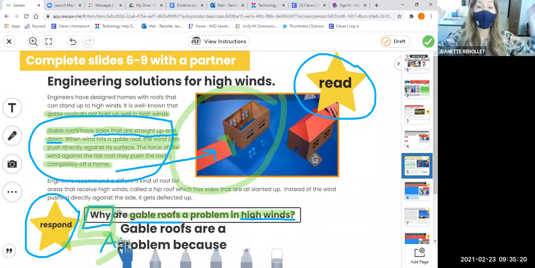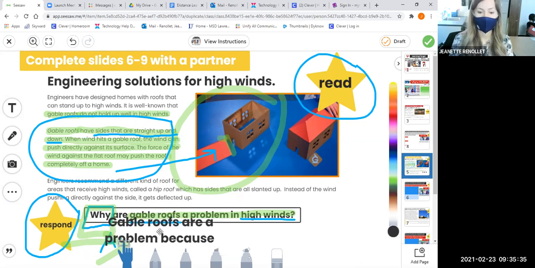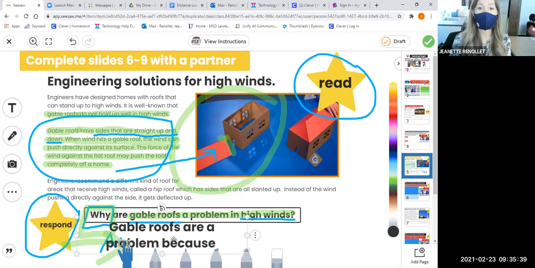My question says, why are gable roofs a problem? So my answer says, gable roofs are a problem because, now I'm ready to say the reason. If you start a sentence with because, that's not a sentence.